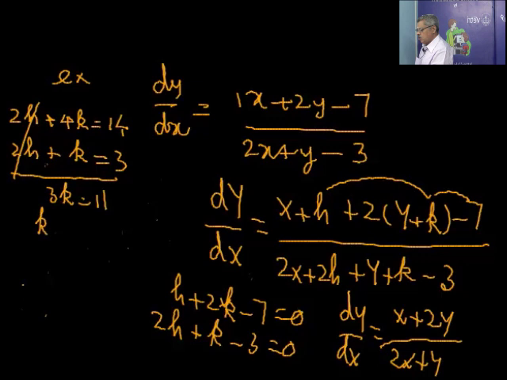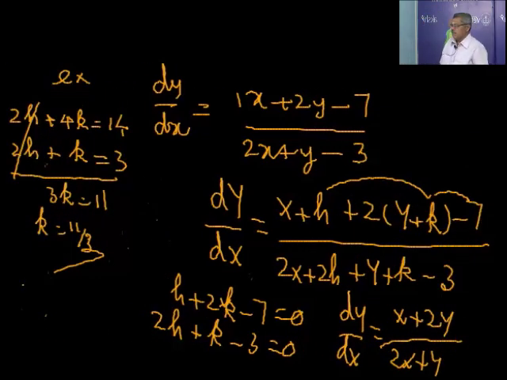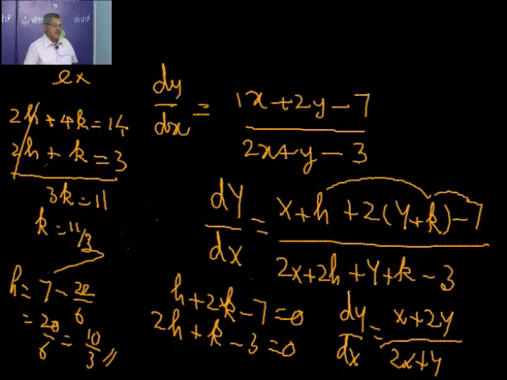Therefore, k is equal to 11 by 3. When k is equal to 11 by 3, we can find h. h is equal to, from the first equation, 7 minus 2k, which is 7 minus 22 by 3. So 42 minus 22, 20 by 6, or 10 by 3. Therefore h is 10 by 3, k is 11 by 3.